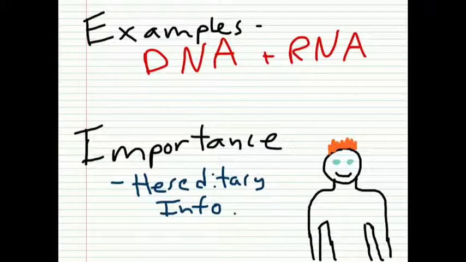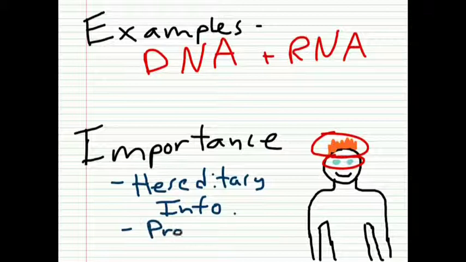Let's say you have red hair, blue eyes. You get that material from the DNA and RNA. It's passed along from your parents. And that in turn creates the proteins that make up who you are.